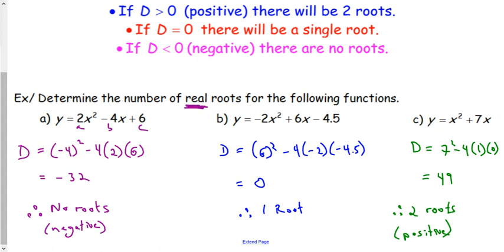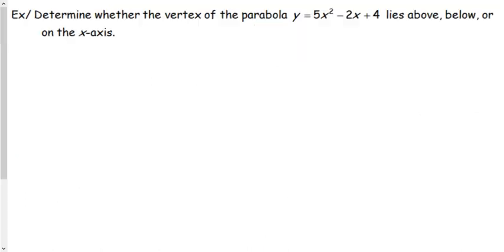All right, let's keep on rolling through our lesson here. Here's an example. For this one, determine whether the vertex of the parabola y equals 5x squared minus 2x plus 4 lies above, below, or on the x-axis. Now I have no doubt that you could just go and graph this in Desmos, but we want to be able to really understand what's going on when we look at these.